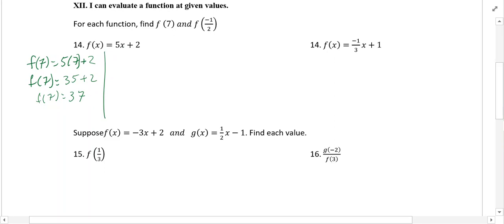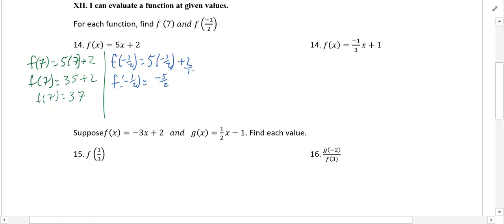Okay, so then I'm going to try the next one. So this is f of negative 1/2. So f of negative 1/2 equals 5 times negative 1/2 plus 2. Okay, so now I can say f of negative 1/2 is equal to negative 5 over 2. And remember, this is over 1.